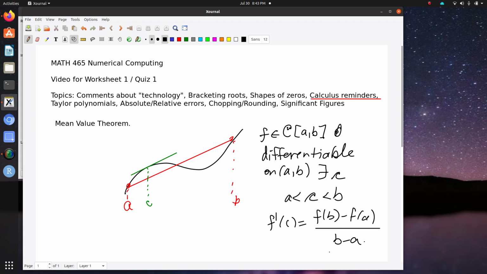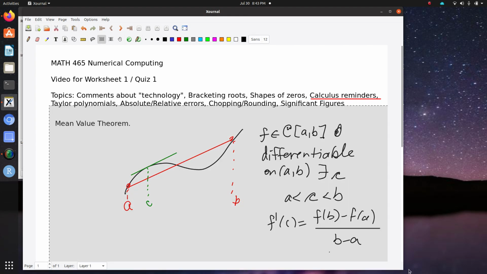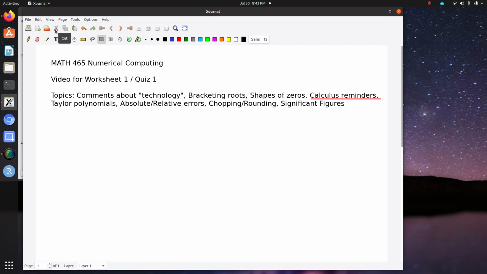Again, I hope some of these things are just obvious. If they're not obvious, then come talk to me. These should all be refreshers, and they should all be obvious. Okay, extreme value theorem. It says maxes and mins happen either where the derivative is 0 or at the ends of the domain. So I'm just going to type that for you.